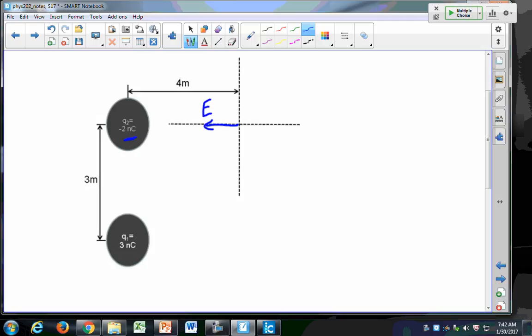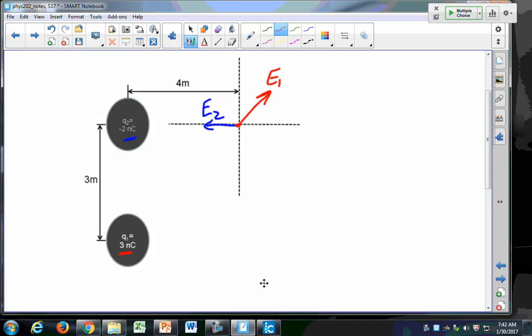So my electric field is in that direction due to this charge. Attractive or repulsive? I have a positive charge here. I imagine a positive test charge here. Is it going to be down in this direction, or is it going to be up in that direction? Quadrant 1 or 3? It'll be in quadrant 1, right. So those are the first questions that you ask yourself. Sketch in your electric field vectors.